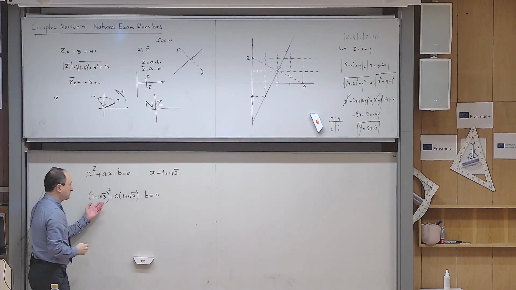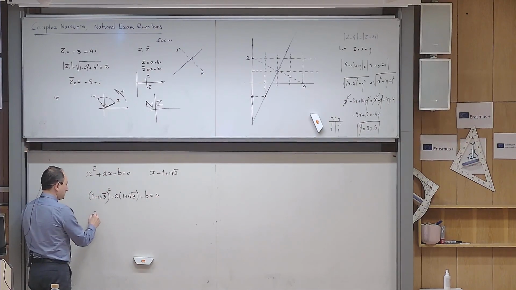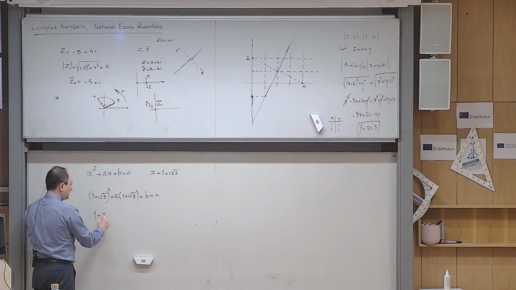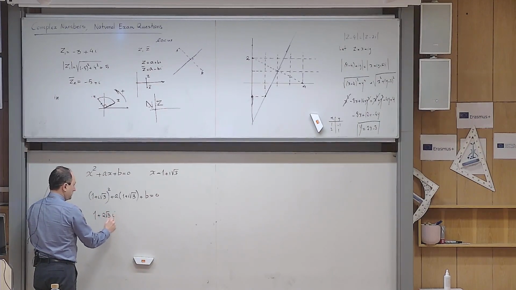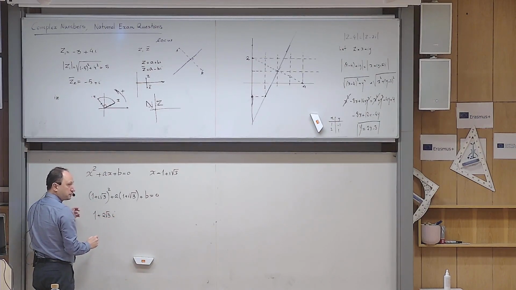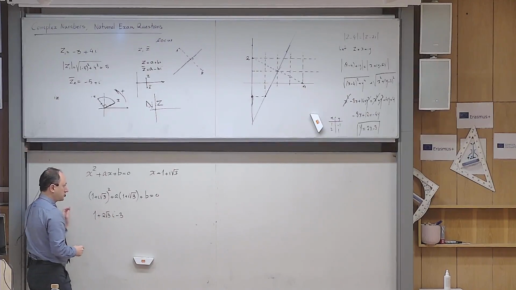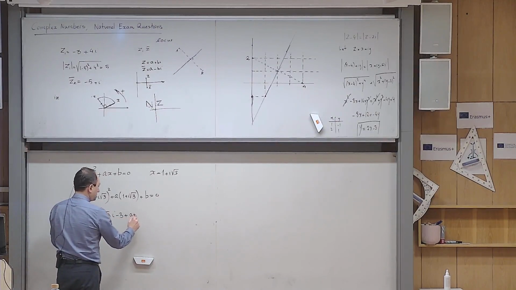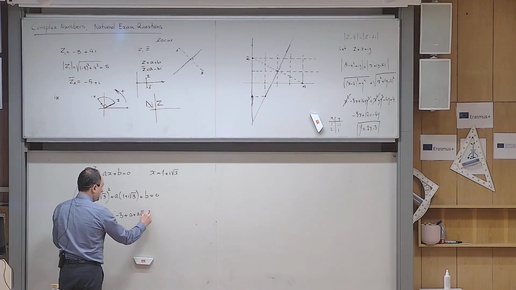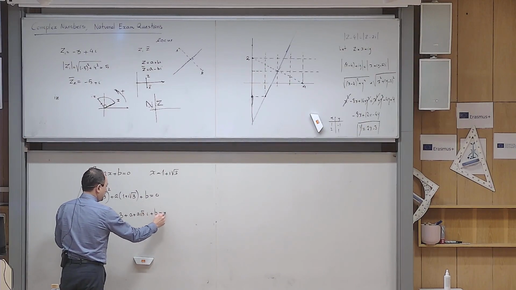And of course you know what to do. I need to raise it to power 2. So the first one squared, plus 2 times the first one times the second one, plus the second one squared. The second one squared becomes minus 3, because i squared is minus 1. And then plus a square root of 3 i, and then plus b equals 0.